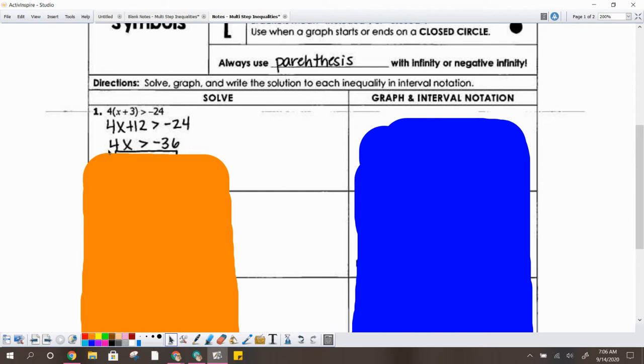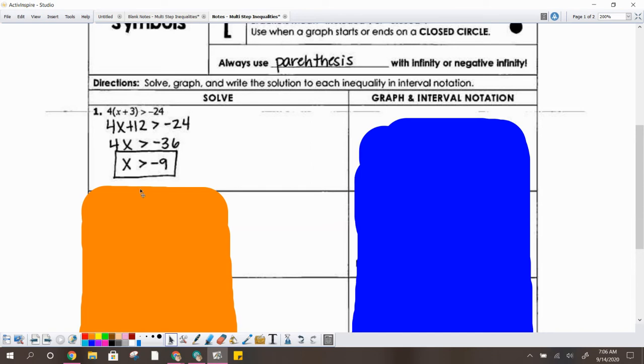Since we're dividing by a positive number, the sign stays the same, even though the 36 is a negative 36. So when we divide by 4, we get x is greater than negative 9.